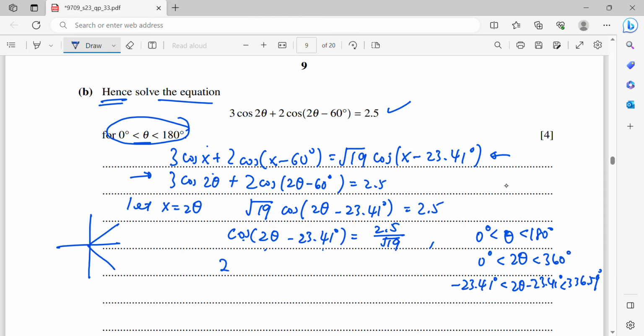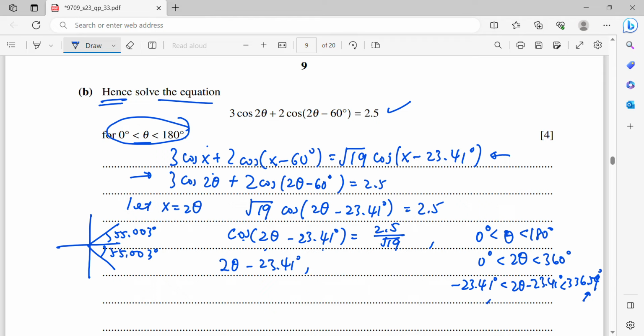So now I will get the basic angle from calculator. Inverse cos of 2.5 over square root 19 is 55.003. I give more decimal places because this is a working. So now we can accept the value from negative 23.41 until 336.59.